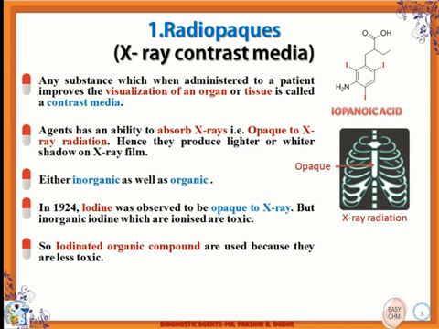Now these compounds absorb the X-ray. When we want to create an image of any object on the X-ray film, it becomes visible because those agents absorb the radiation emitted by the X-ray machine, and after absorbing the radiation they give us a lighter or whiter shadow on the X-ray film.